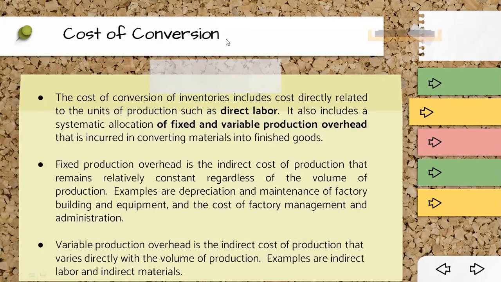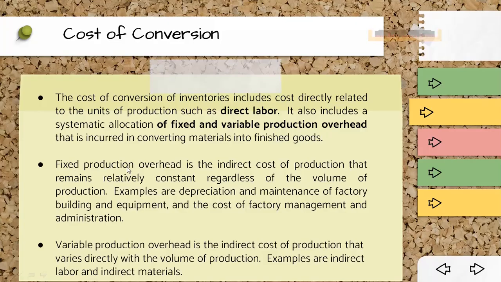Another is cost of conversion. So, cost of conversion, this is applicable kapag manufacturing concern. So, the cost of conversion of inventories includes costs directly related to the units of production, such as the direct labor, plus yung tinatawag natin na factory overhead or production overhead. So, yung production overhead natin may be fixed or variable.